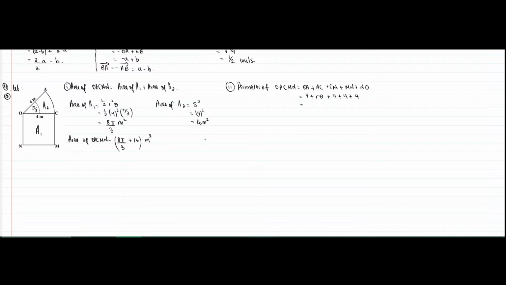So that will be 16 plus r theta, which is 4 into pi on 3. So this could be 16 plus 4 pi over 3 meters. Again, if you want to leave it like this, you could, or you could find it in one fraction.